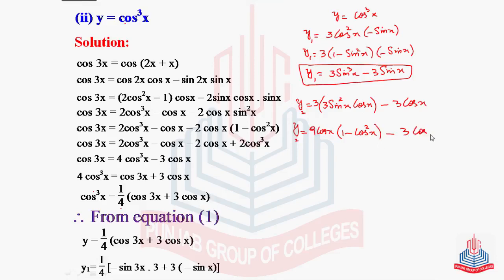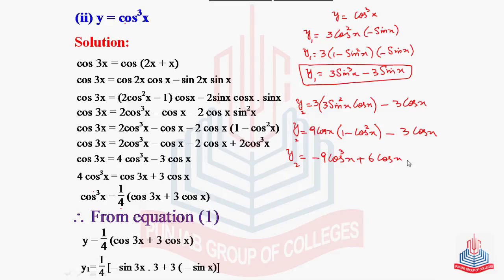By simplifying, y2 is 9 cos x multiplied by minus cos square x, which will be minus 9 cos cube x, and 9 cos x minus 3 cos x will be plus 6 cos x.